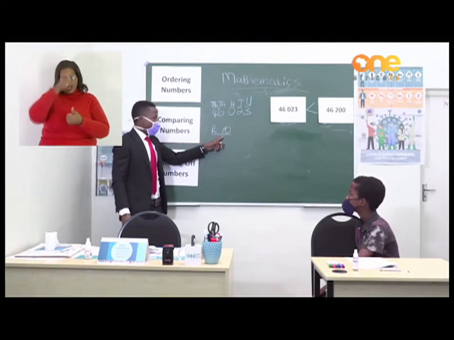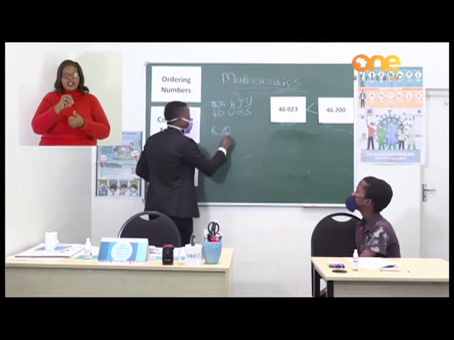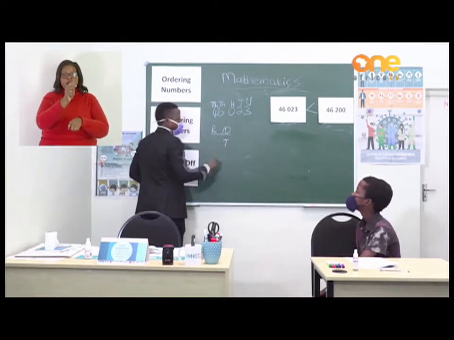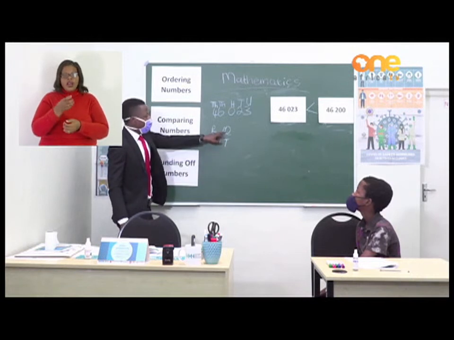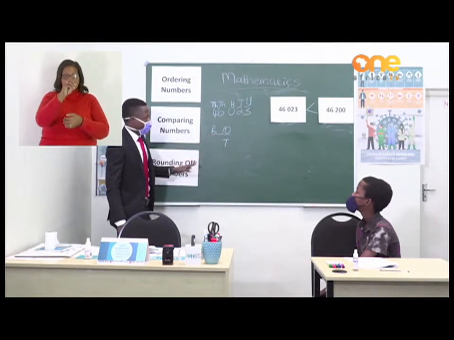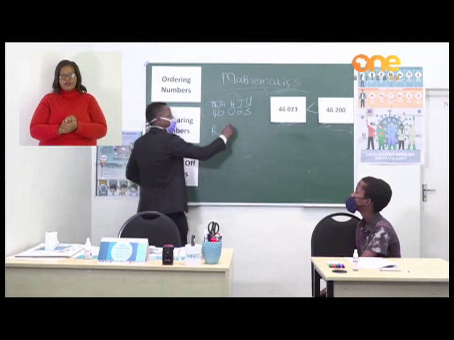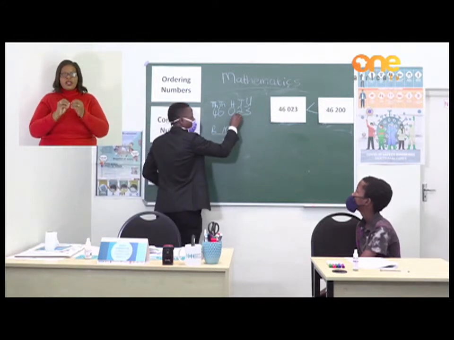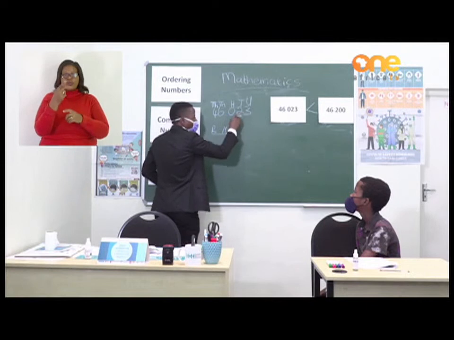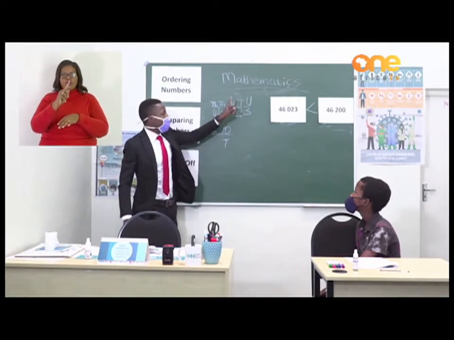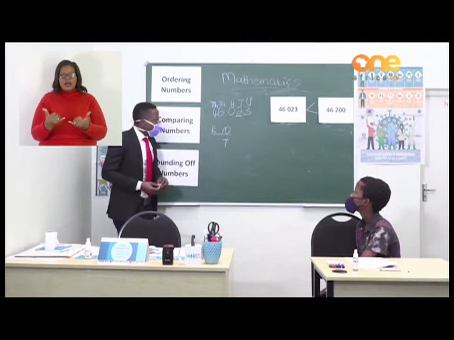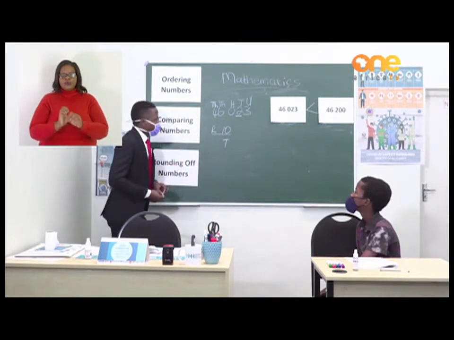Remember, this 10 can also be tens. If I have tens, that is the same thing. So the number we are rounding off will be 2, which is in the position of tens. Now, you need to understand one thing.